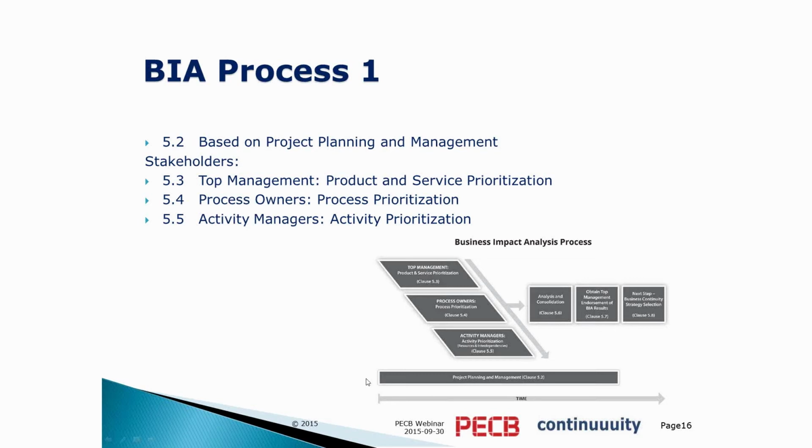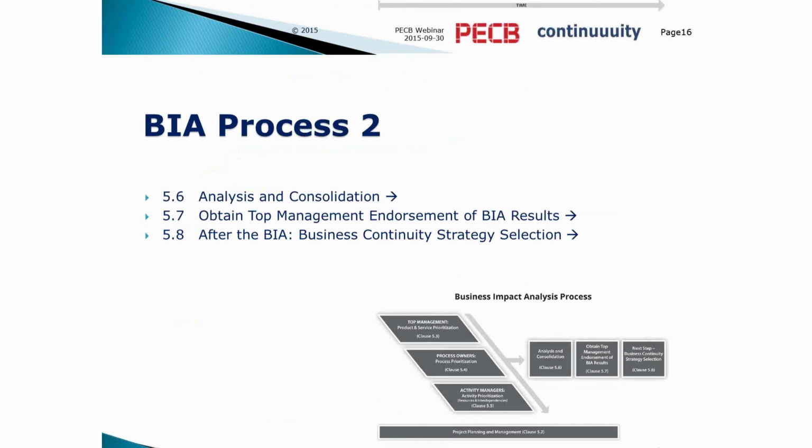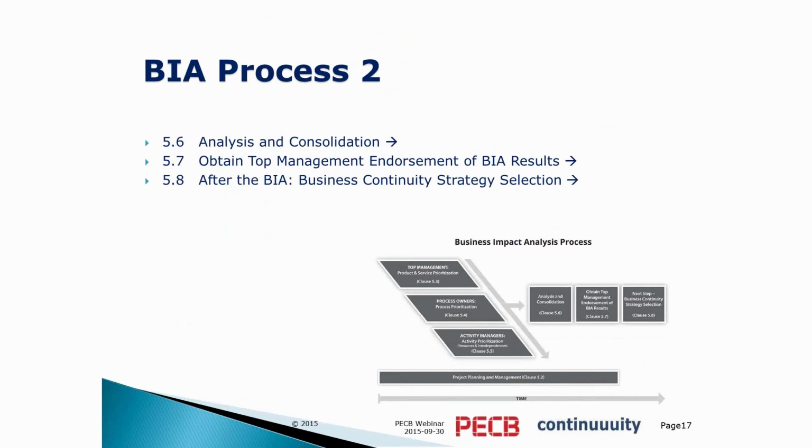The underlying bar is project planning and project management. As I said, we are talking about a project, and this justifies that all the mechanisms and all the support tools to run a project have to be in place.